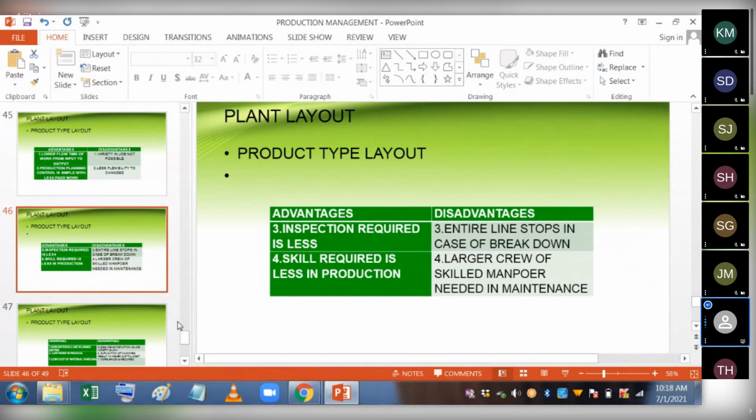So his hands and body and mind are so much habituated with this that the skill requirement is much less because he is doing the repetitive production. This will lead to a disadvantage also, which I will discuss later, that it creates monotony.